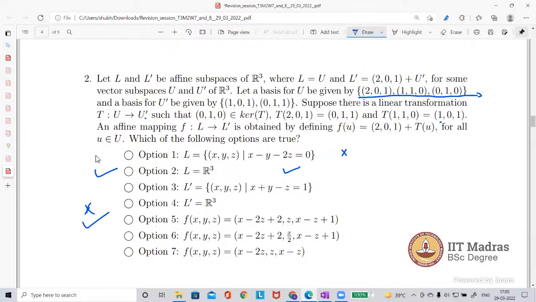My final answer for L prime was x, y, z such that x plus y minus z equals 1. Yes. First we have to calculate the vector subspace for which the basis is given, and then we can calculate the affine subspace.